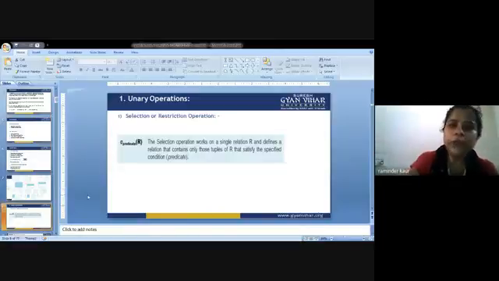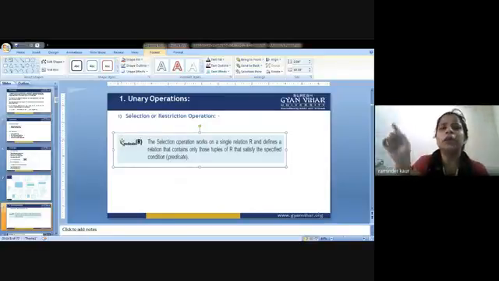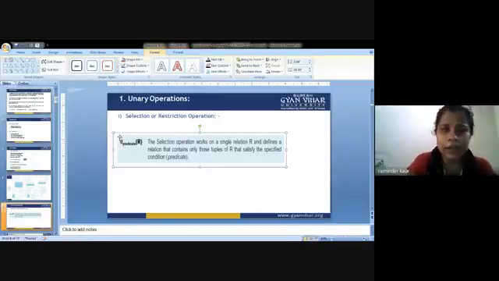So the unary operator operates on a single relation, and it could be represented with the sigma symbol. This is a tilted 9, so 9 is tilted here. It could be represented with this symbol, which is also called the predicate, and it represents the relation.